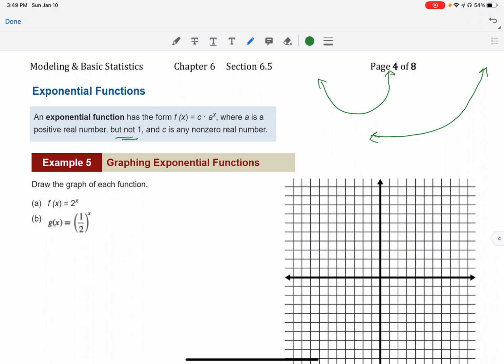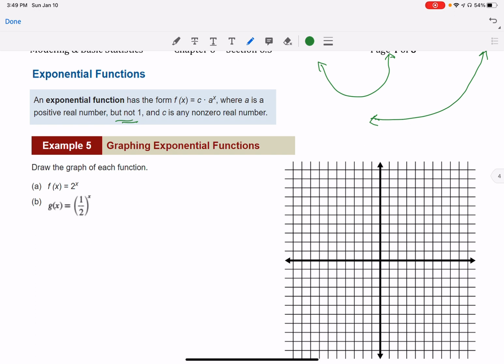All right, so draw the graph for each function. We have f of x equals 2 to the x power, and then we have g of x equals 1/2 to the x power. What I like about these is that they're fairly simple. It's a matter of plugging in one number to get out another number. Okay, they're functions, so we can look at our function table. We could start off with any numbers. I usually do a couple of positive numbers every once in a while.